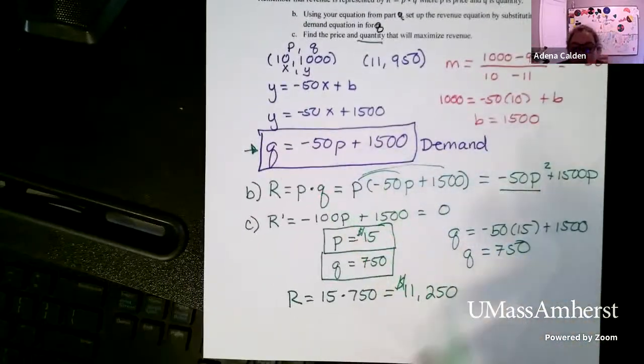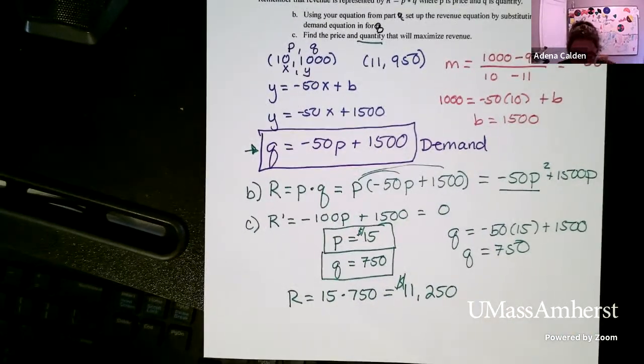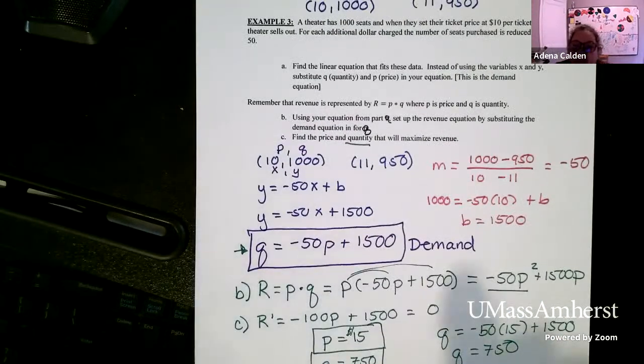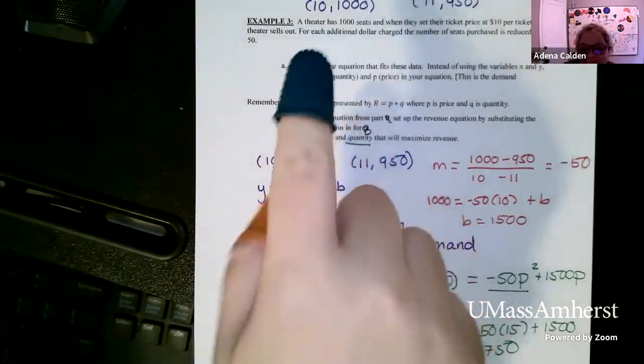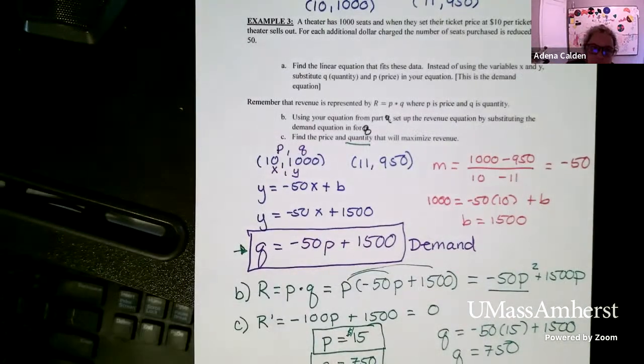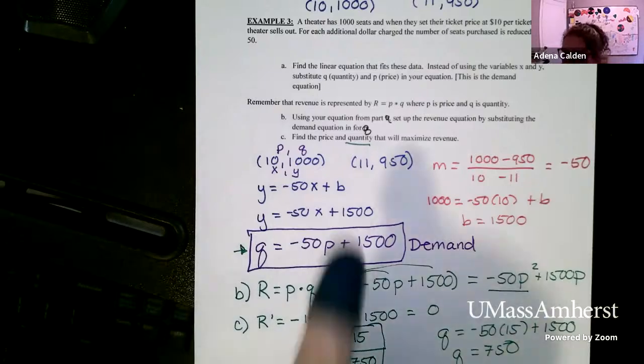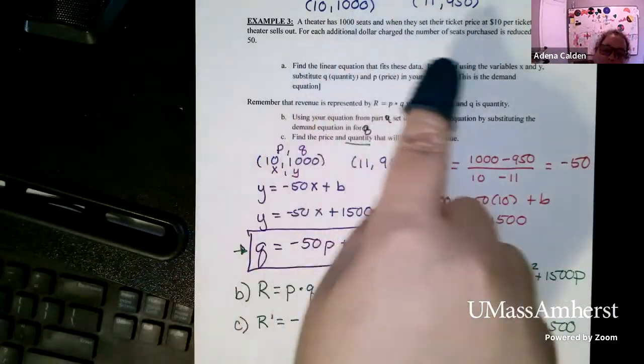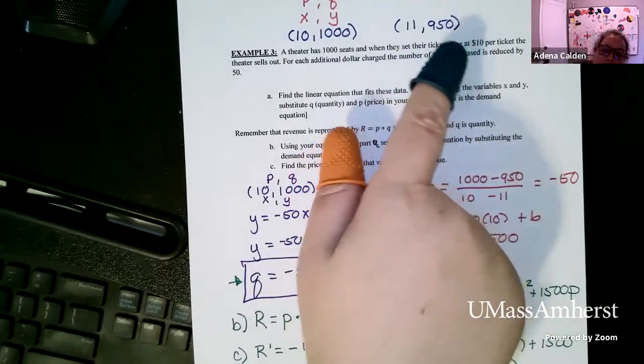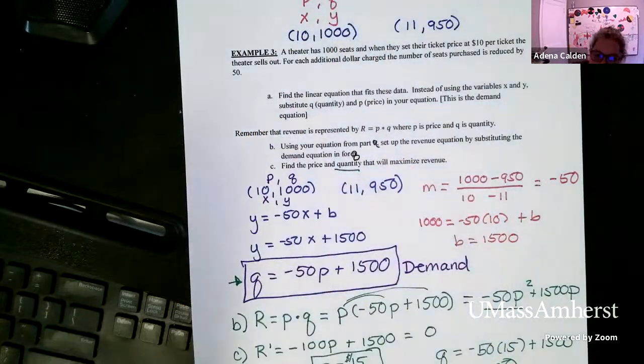So when we do this particular problem, right, what does it look like in context? So you have this setup, you have a theater that has 1,000 seats, or a baseball stadium sells out 1,000 seats, or some other similar type of thing. And we have a relationship between how much we can charge and how many things we're selling, right?